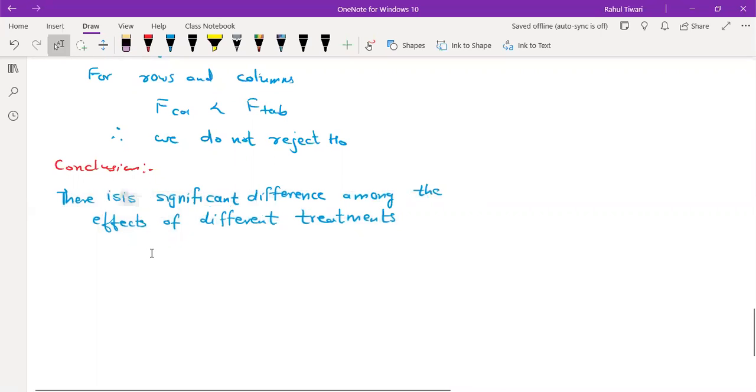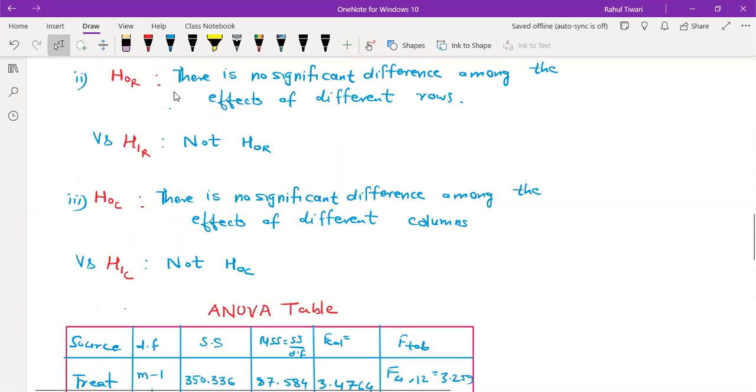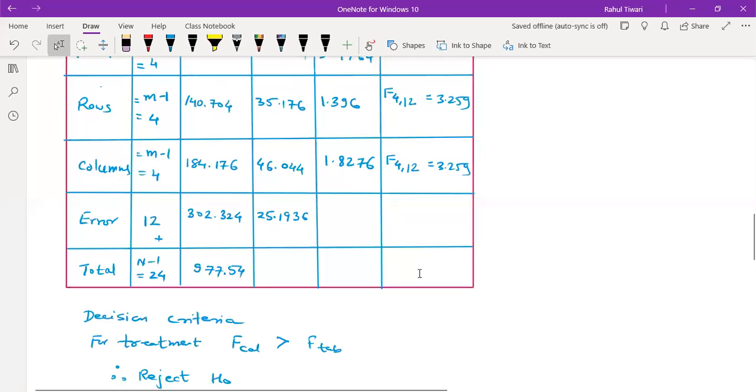And since you do not reject H naught, that means there is no significant difference between the rows, effect of rows and effect of columns.